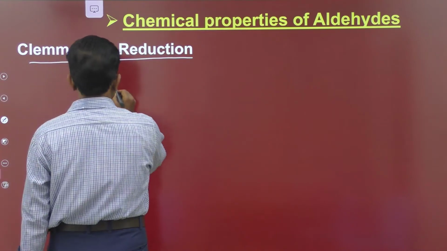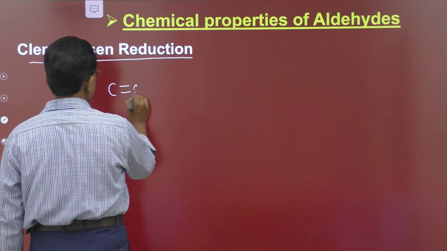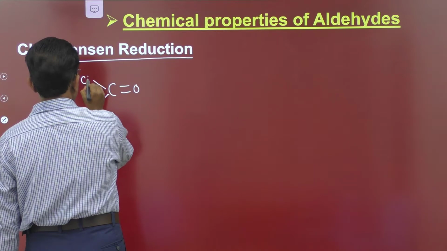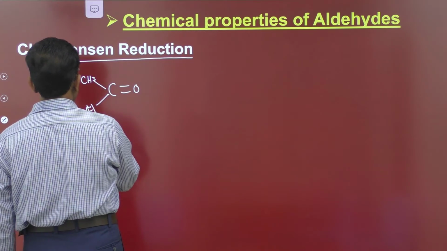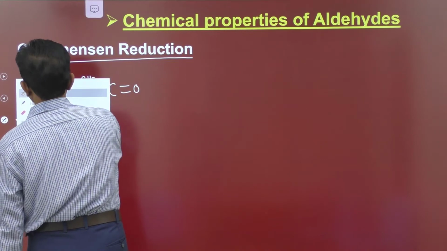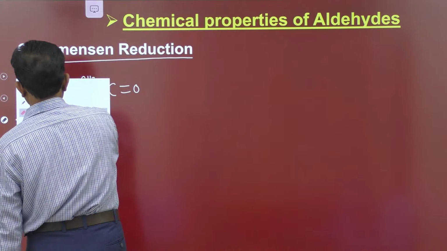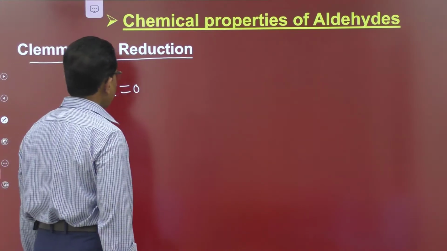Suppose I want to write the carbonyl group C double bond O. Here we take CH3 and H. This is your aldehyde.